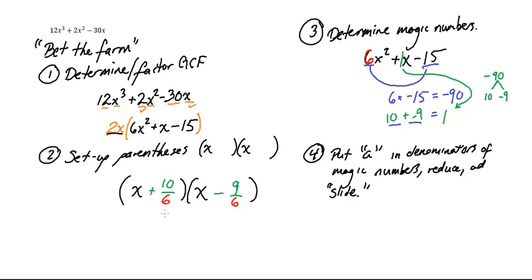Well, all right. 10/6, well, that's going to end up reducing to 5/3, right? And this right here, that has a 3 in common, this is going to reduce to 3/2. So now in the place of the 10/6 and the 9/6, I'm just going to go ahead and put those reduced fractions in there.